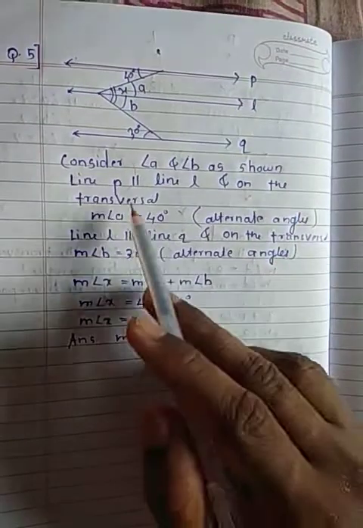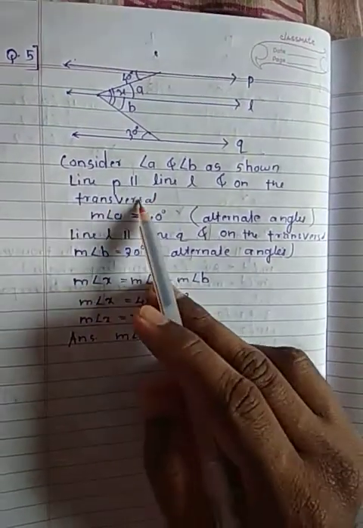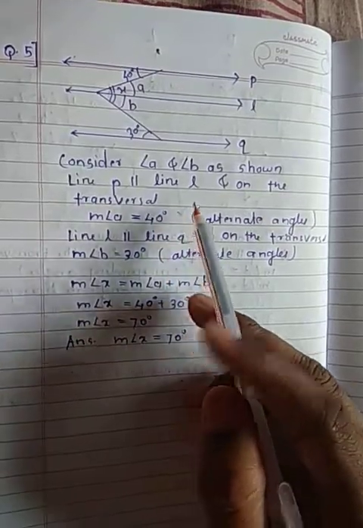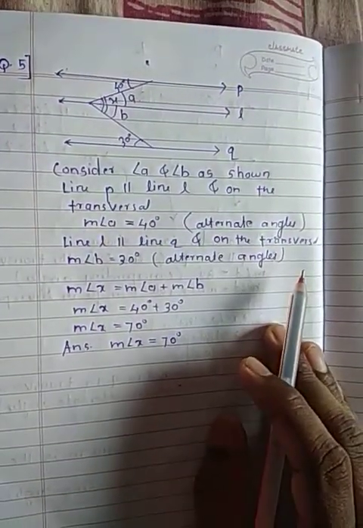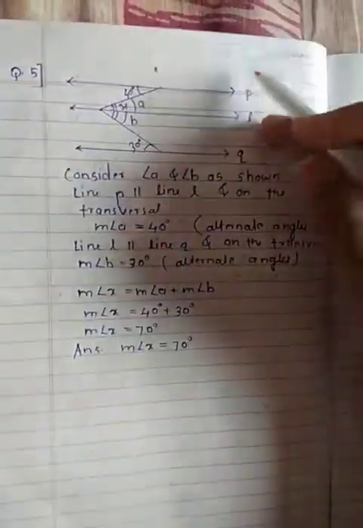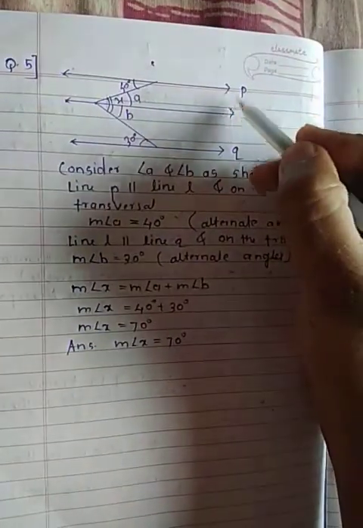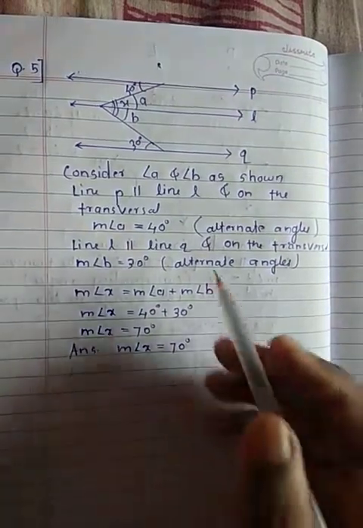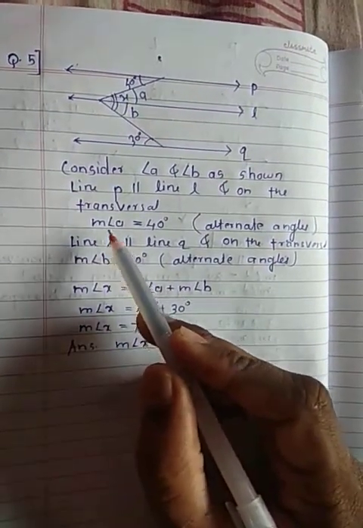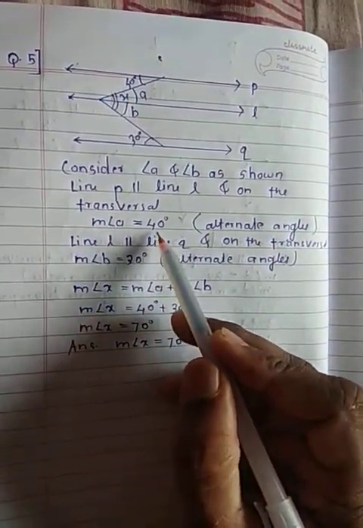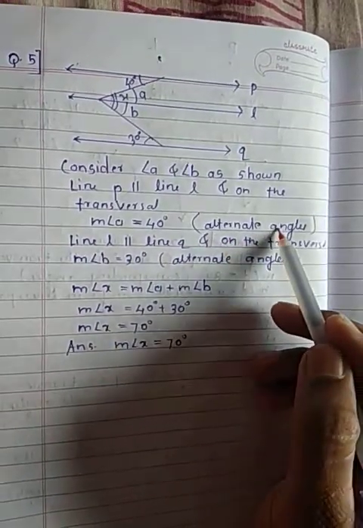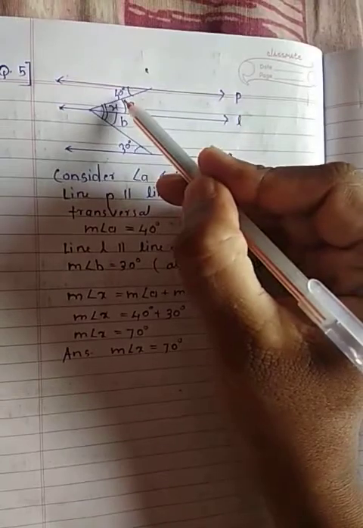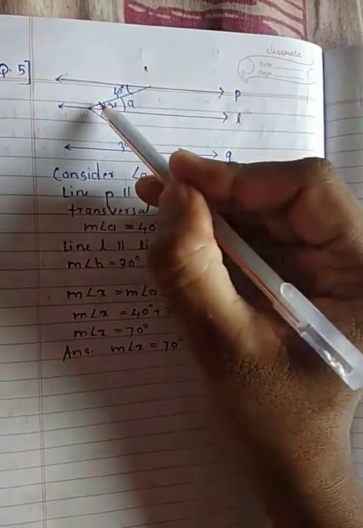Line P is parallel to line L with a transversal. First we consider line P parallel to line L. These are parallel to each other. So the measure of angle A is obviously 40 degrees because these are alternate angles.